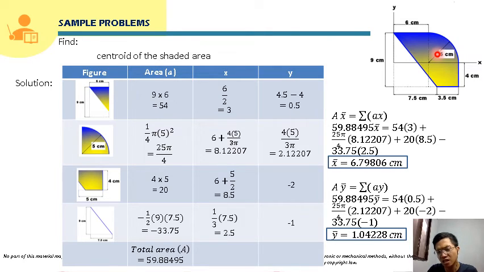Basically, if we draw a horizontal and vertical axis at the centroid, we can say that the area above is equal to the area below, and the area at the right is equal to the area at the left.